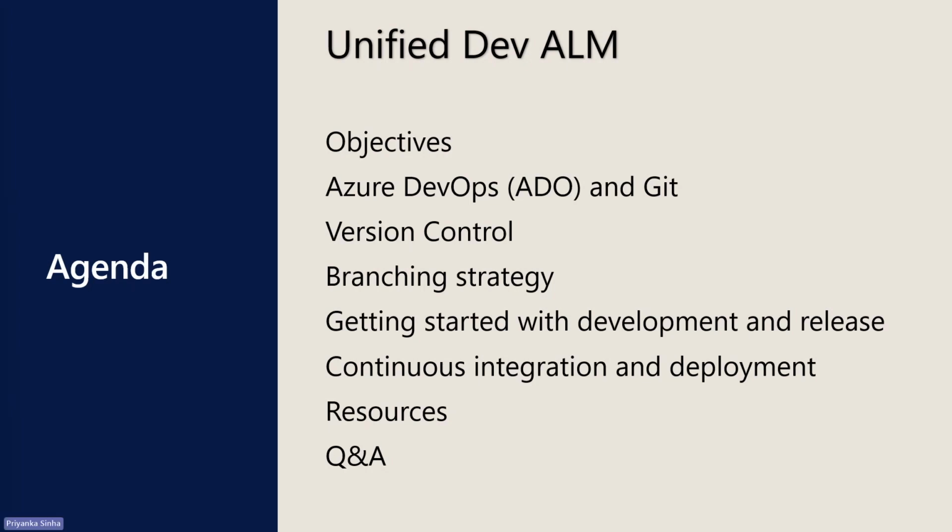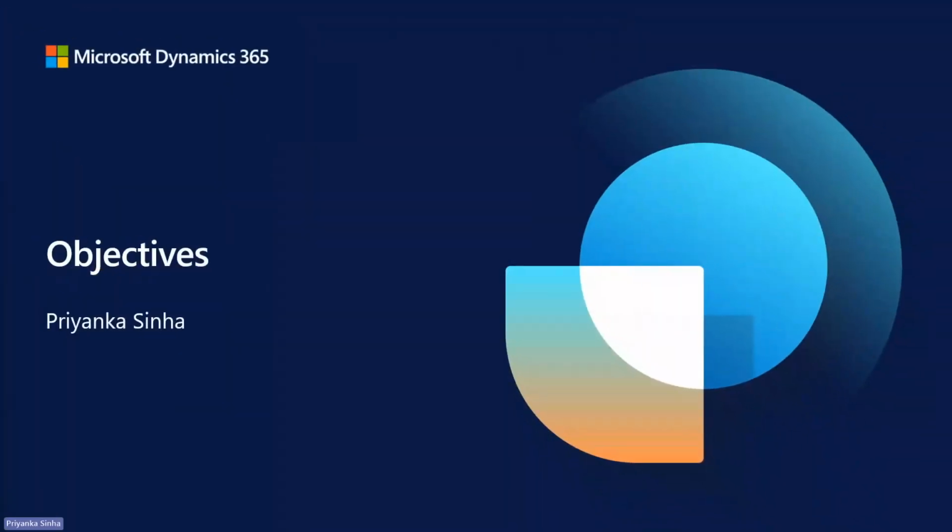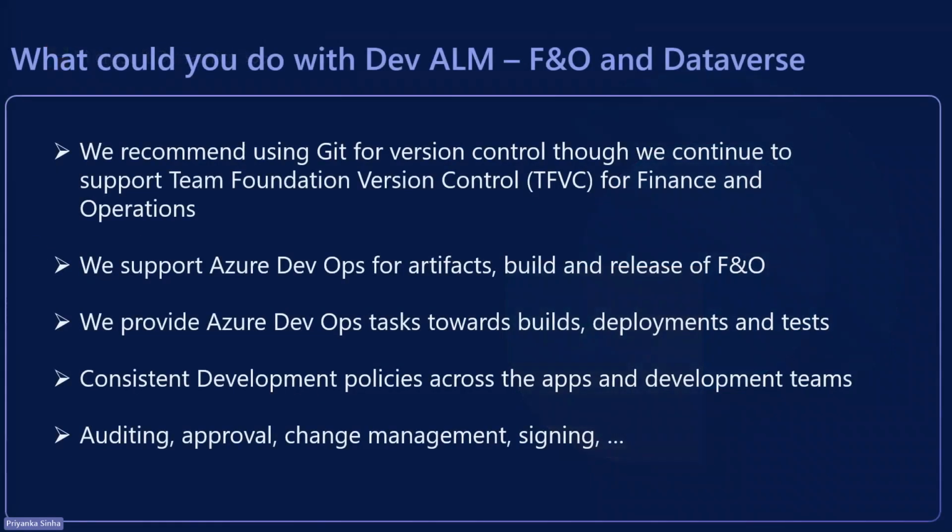Please note, we won't be covering the basics of Git, but you can find more information in the resource section if needed. Next, we will discuss version control and branching strategy at a high level. After briefing on Azure DevOps, version control, and branching, we will proceed to development release, including continuous integration and deployment, featuring several insightful demonstrations.